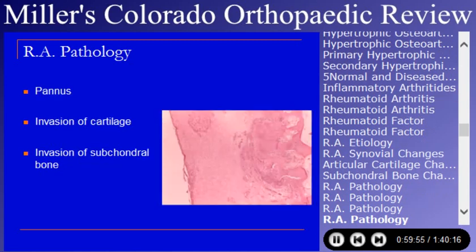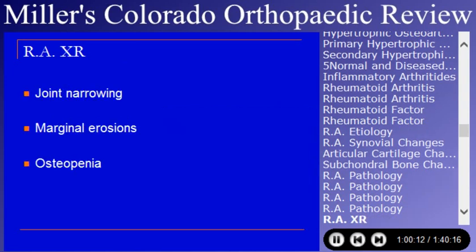As time goes by, pannus covers the joint and the cartilage is destroyed. The subchondral bone gets invaded with granulation tissue and leads to destruction of the bone. X-ray shows joint narrowing with marginal erosions as opposed to the subchondral cysts of degenerative arthritis, which are not generally marginal.